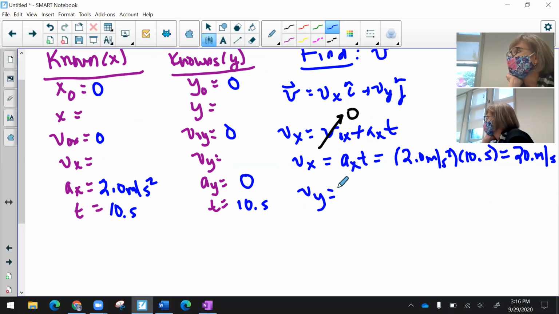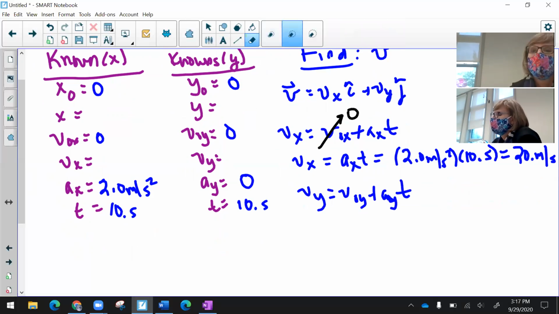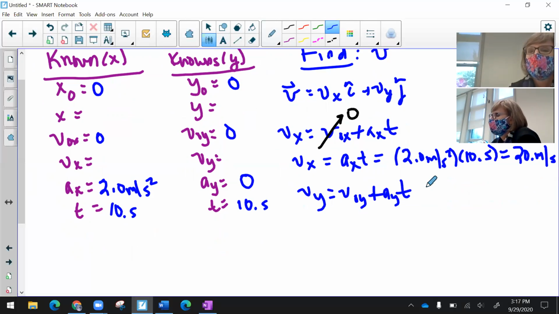All right, so I've got to find Vy too. What formula do I use for that? Yeah, same one, right? V0y plus ayt. But V0y is 0, ay is 0.